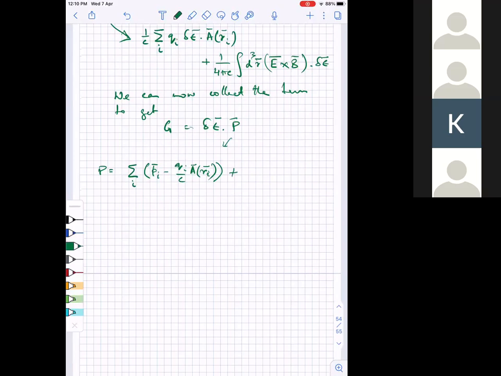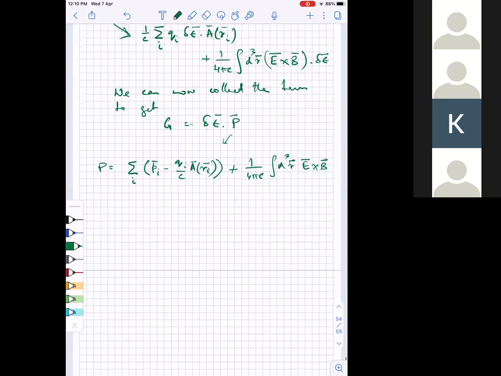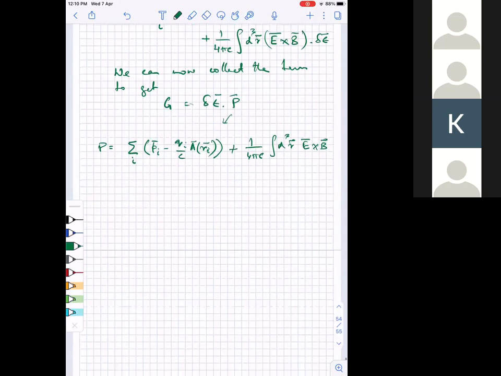Plus 1 by 4 pi c E cross B. So I can rewrite this like this. So this is basically mi vi plus G field.